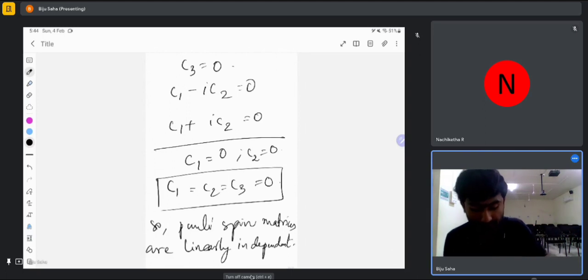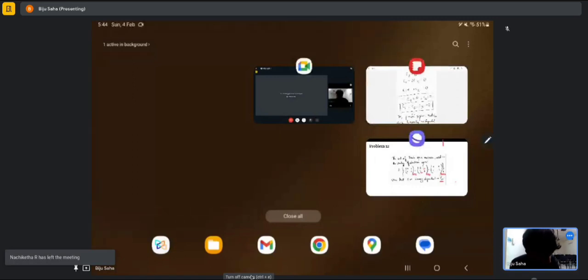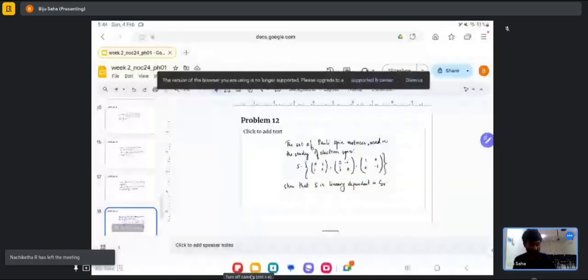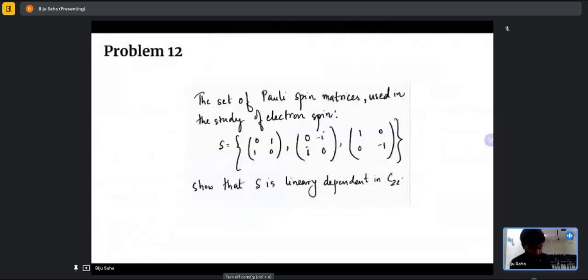Okay, so this problem is done. It turns out to be linearly independent. There is a typo involved here: we have to check whether S was linearly independent or dependent, and it turns out to be linearly independent.